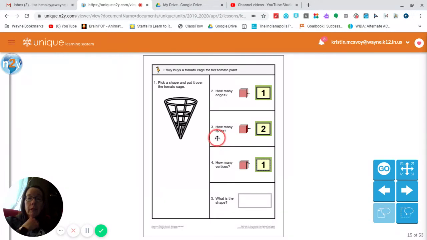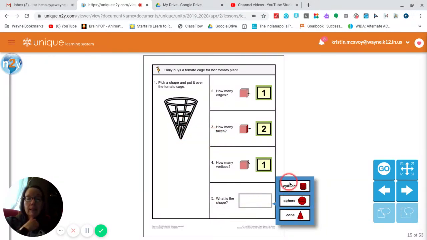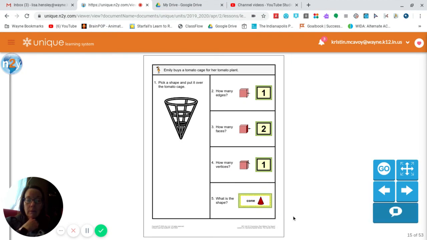So when we look at that, then what is this shape? Is it a cylinder? Is it a sphere? Or is it a cone? Think about this shape upside down, like for ice cream. Yes, it is a cone. Cone. Very, very good. Great job, everyone.